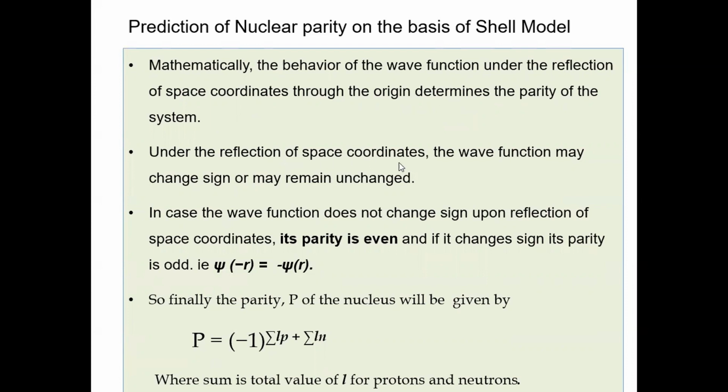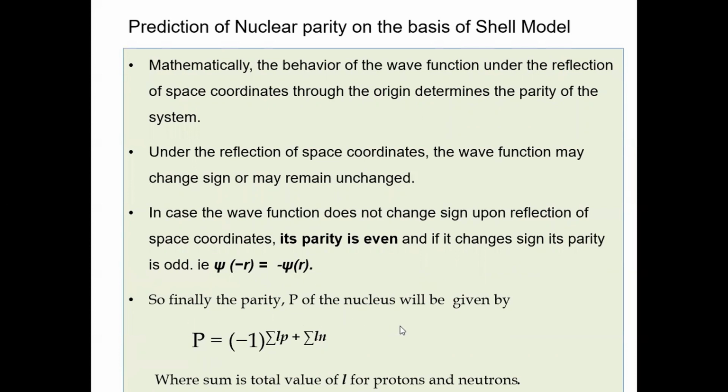So under the reflection of the space coordinate, x goes to minus x, y goes to minus y, z goes to minus z, the wave function can change sign or can remain the same. In the case the wave function does not change sign upon reflection of the space coordinates, the parity is even parity. And if it changes the sign, the parity is odd.